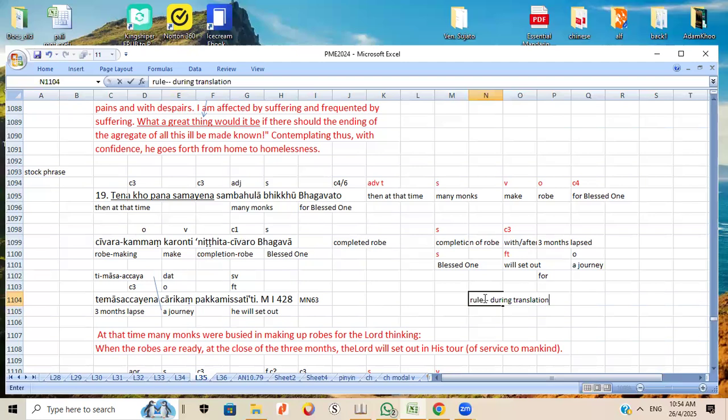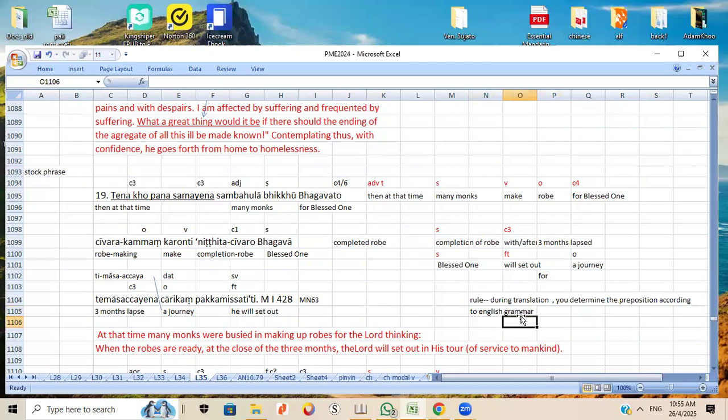Translation means you determine the preposition according to English grammar.